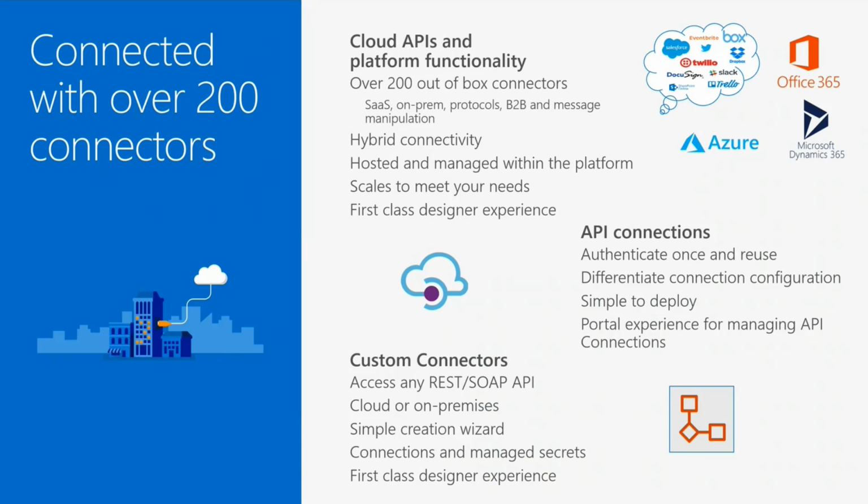Some of them are going to require that you configure a connection to the underlying service. So you have to authenticate to, say, Office 365 or Defender for Cloud, etc. But once you authenticate, it's going to save that credential.